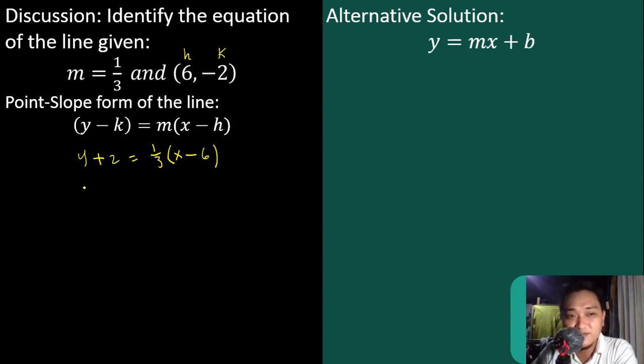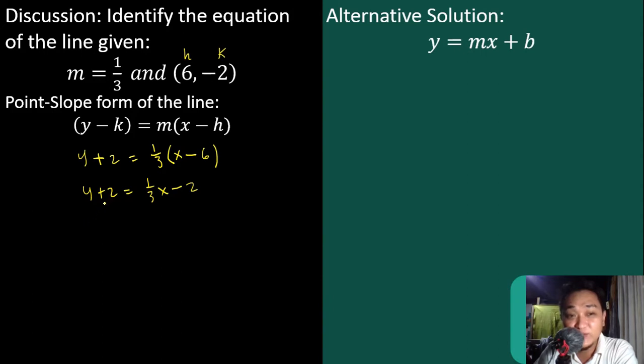So therefore, we have y plus 2 is equivalent to 1/3 times x is 1/3 x, 1/3 times 6. Copy muna, no? Copy the operation here, minus, and then 6 times 1/3, that is 6/3. 6 divided by 3 is 2. Okay.